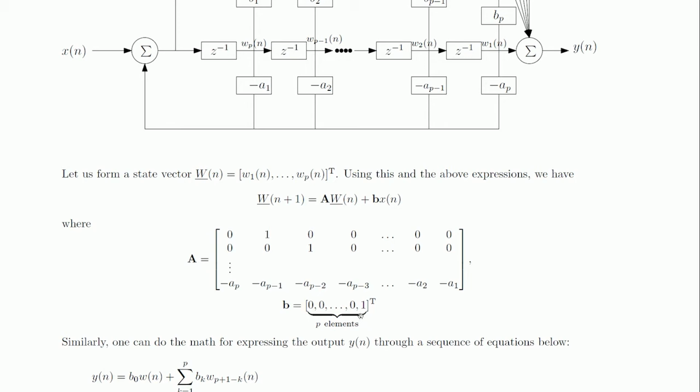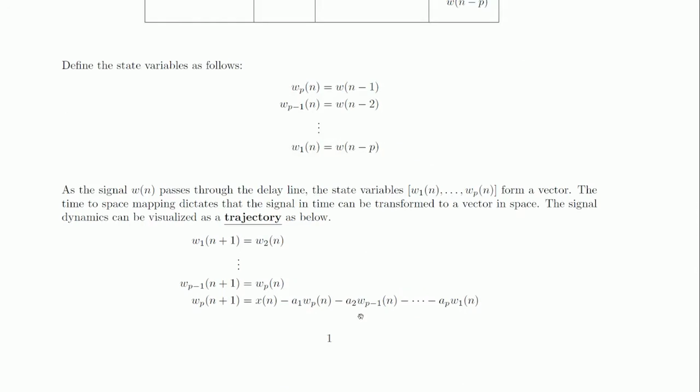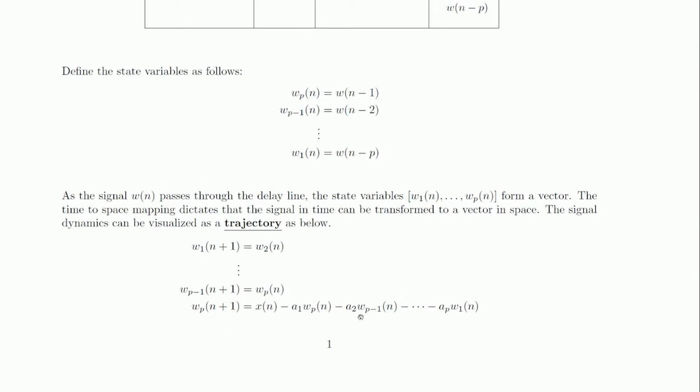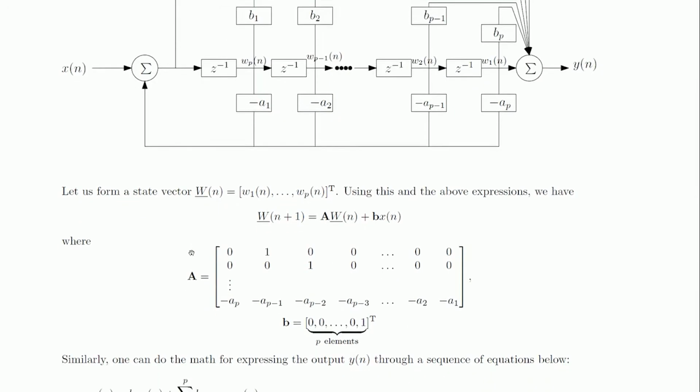It is very straightforward. If you just look into the set of equations that are here and rewrite them using the matrix form, you get this equation, which is very, very simple.